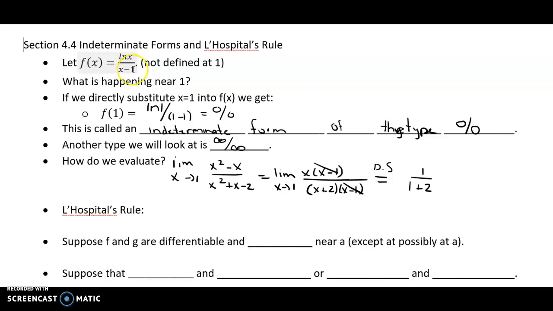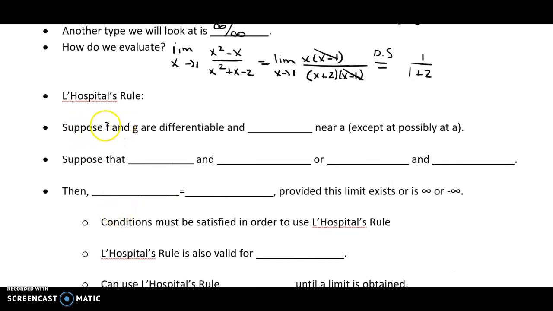How do we find a limit here? Well, we're going to use what we call L'Hopital's rule. Suppose the functions f and g are differentiable and g prime does not equal 0 near a, except possibly at a.